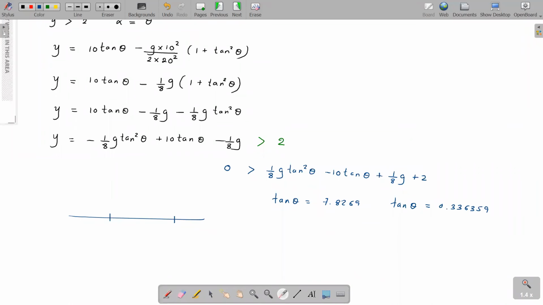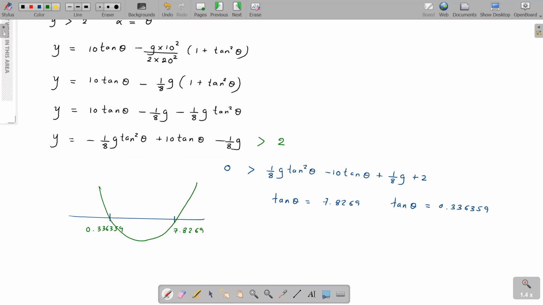So these are my two tan theta values, and there is a minimum graph, the x square graph, and we need this to be less than 0. So basically I need to choose the values that make this graph negative. Are you with me? The two values I have here are 0.336359 and the other one is 7.8269.